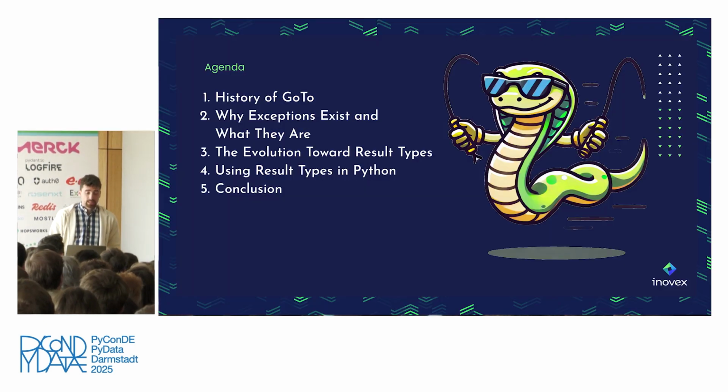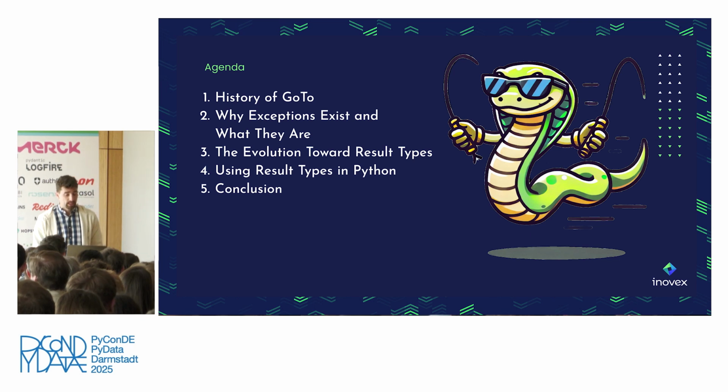So regarding the agenda, I'm going to tell you a little bit about the history of Goto, which I find really fascinating, how it all evolved. And then we will go to exceptions, what exceptions are, why they exist, why we make use of them, and why there were some cool new features.